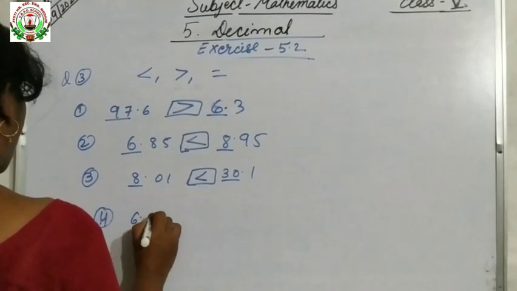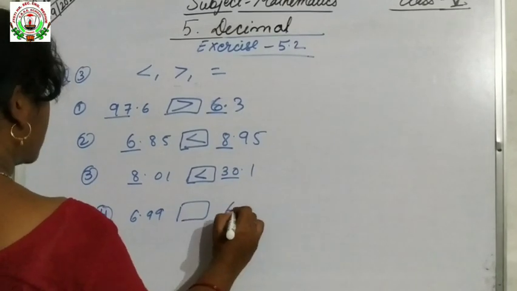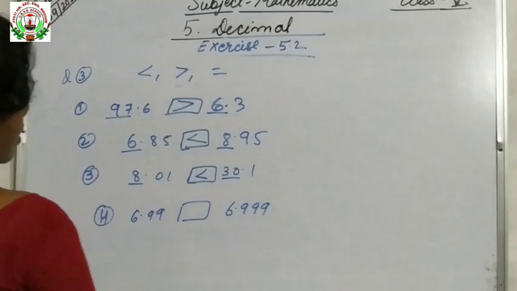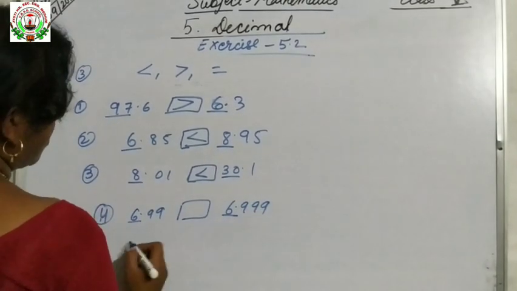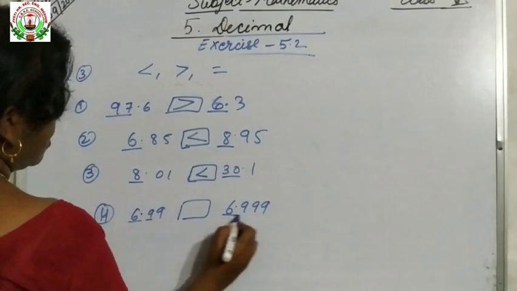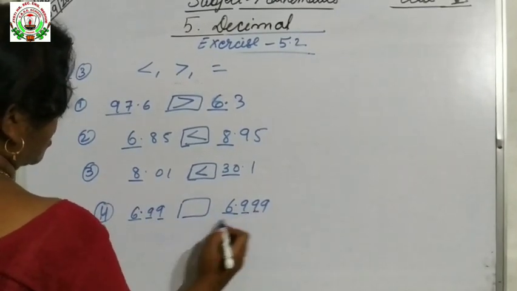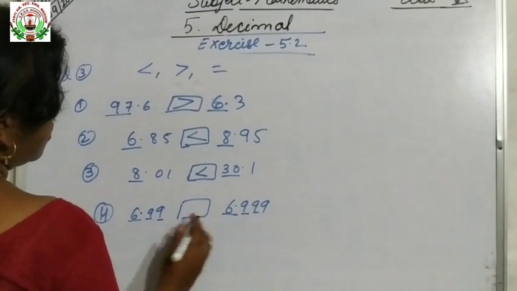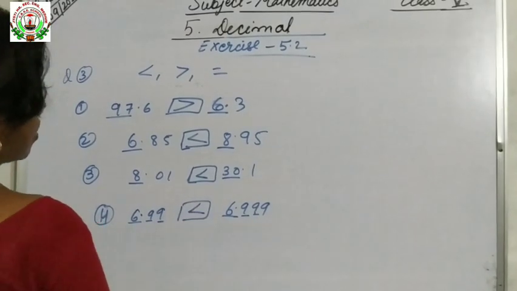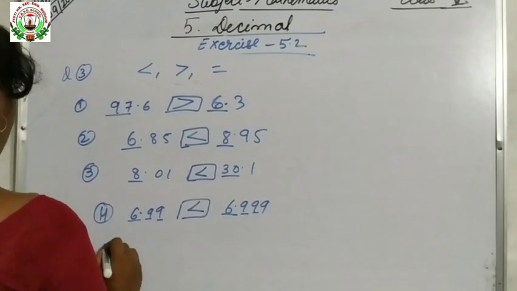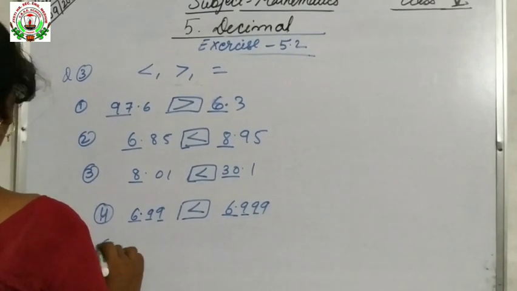Now let us see question number 4. It is 6.99 and 6.999. Now see, both the whole parts are the same. Next you will see 9, 9. Then again 9, 9. Here no digit is there. Here 9 is there. So it is greater. Understood? One more question I want to show: number 6.